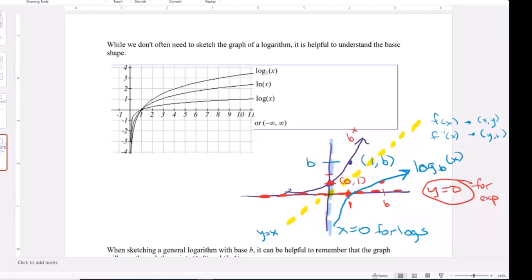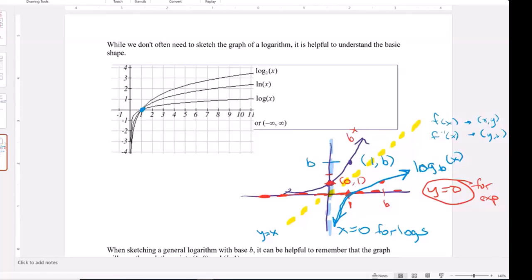So we can see now that this is the shape of the log function, which is reflected here. Okay? Now, notice they're all going through the point 1, 0. Depending on my base is what makes the log function change how fast it increases. Okay?